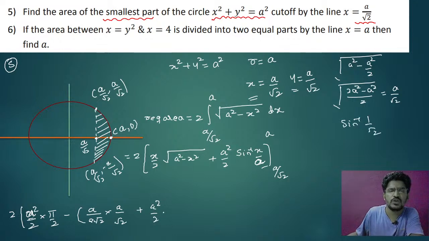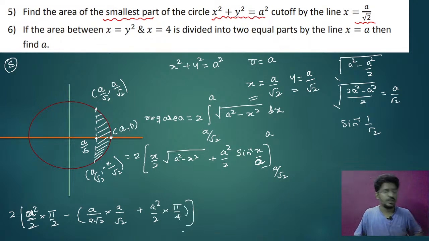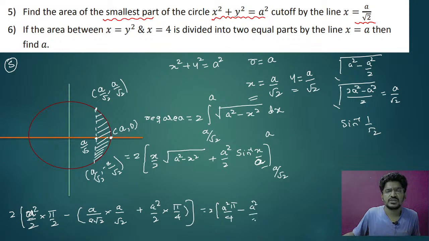What is sine inverse of 1 by root 2? That is pi by 4. Okay, no problem. So now you can get the answer as 2 times of a square pi divided by 4 minus a square by 4, plus into minus is minus, a square pi by 8.